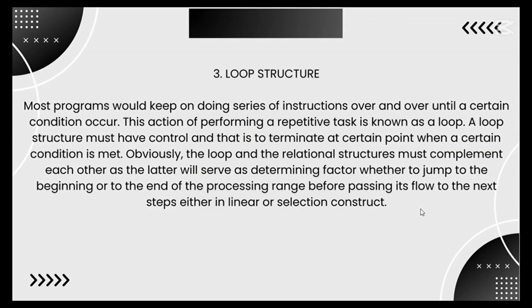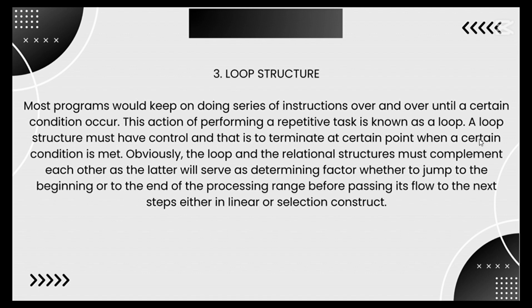Loop structure. Most programs would keep on doing several instructions over and over until a certain condition occurs. This action of performing a repetitive task is known as a loop.